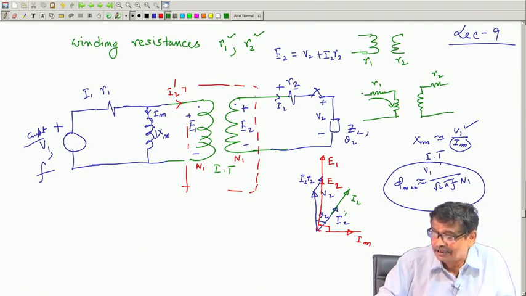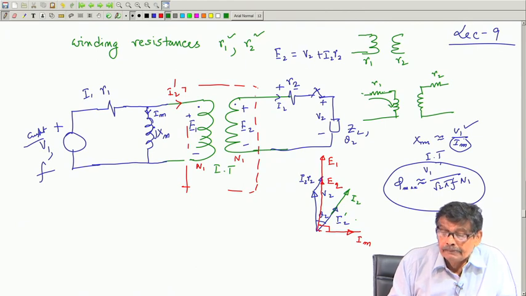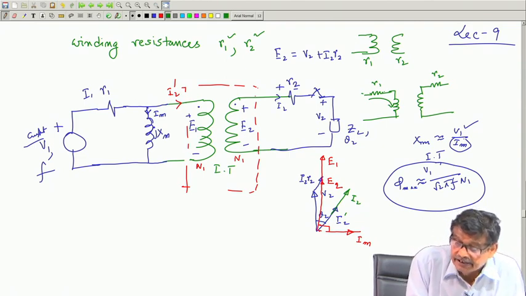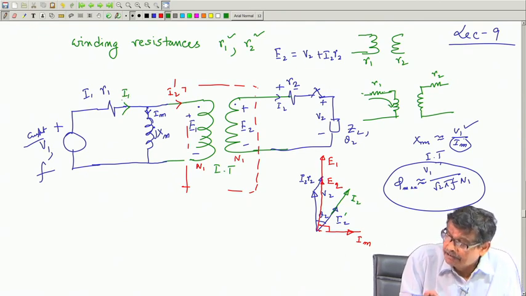So, the reflected current must be lower, I2 dashed. So, this is your I2 dashed. Then I will say that this current I1 will be I2 dashed plus Im.